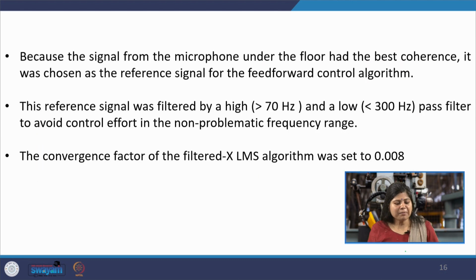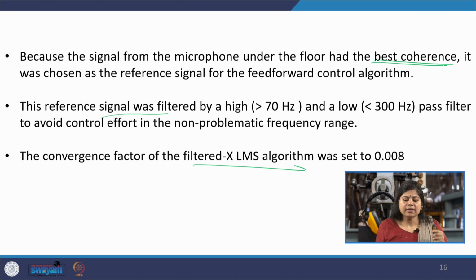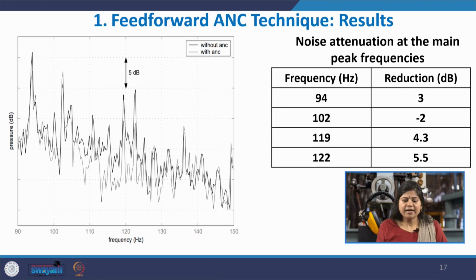Once the main noise source was identified, the reference signal was collected where they found the best coherence, and they chose that as the location for collecting the reference signal, and this algorithm was implemented. This shows the result of adapting the feed forward ANC technique.